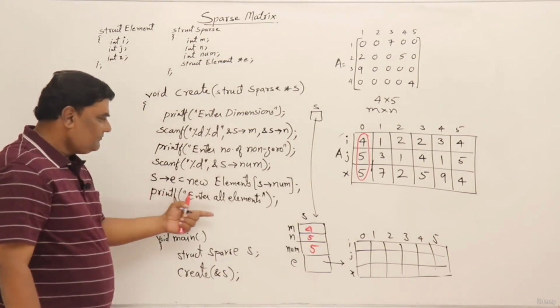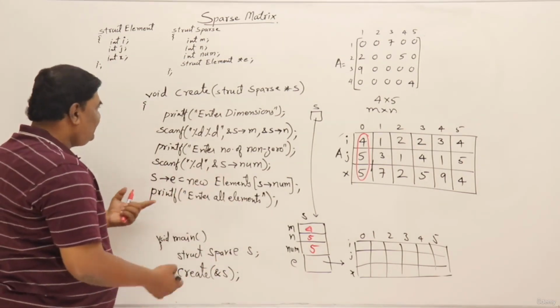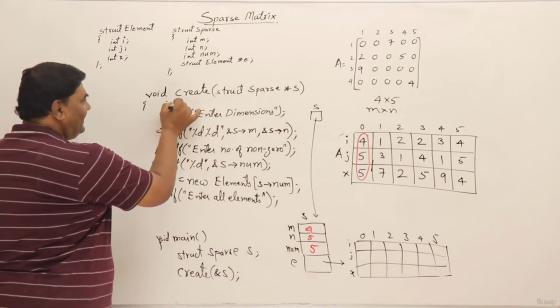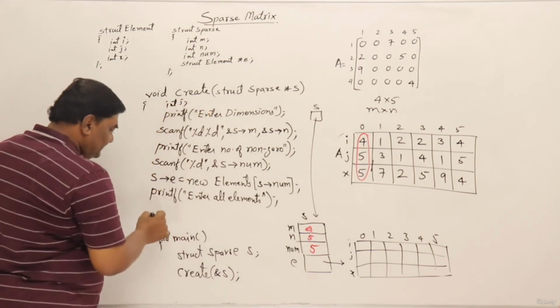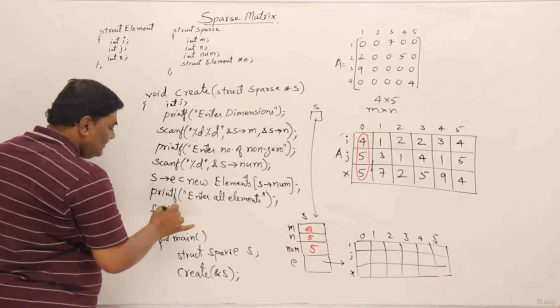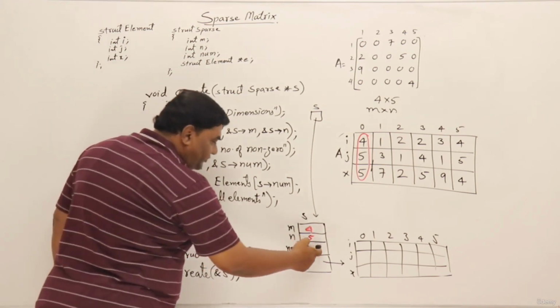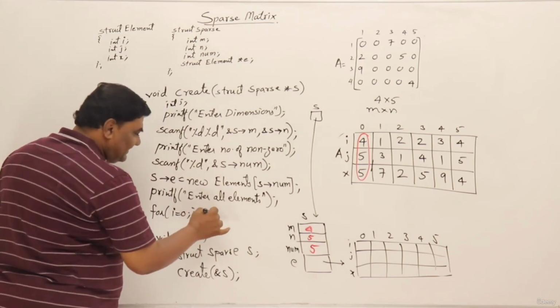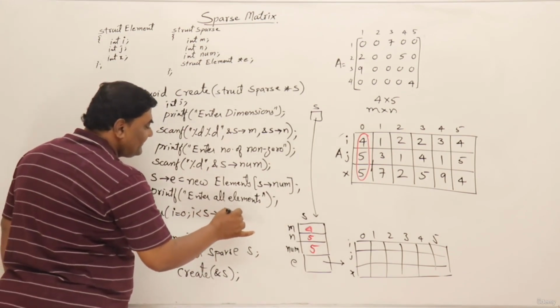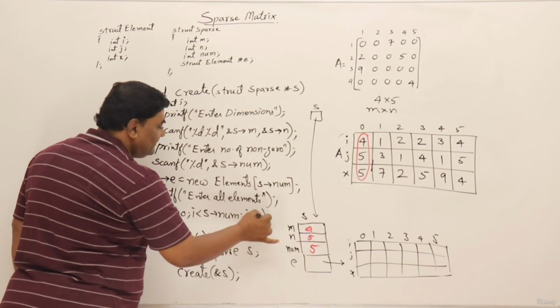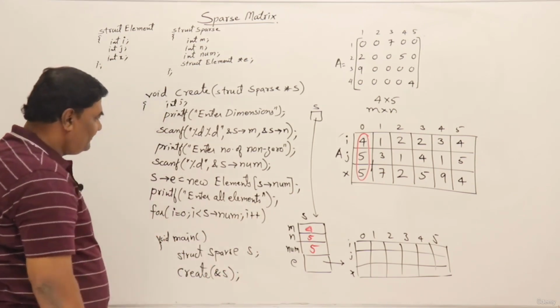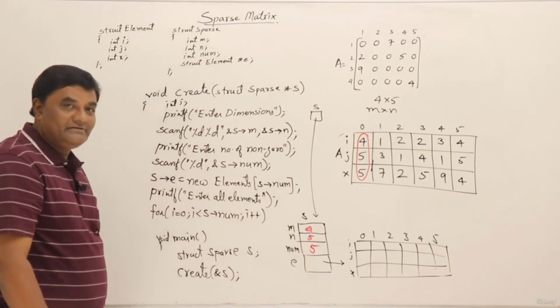For the for loop I need a variable I: for I assign 0, I less than S caps num, I plus plus. Then inside the for loop, I have to read all the elements.